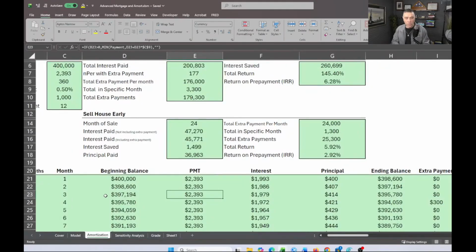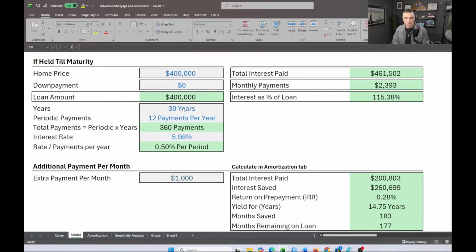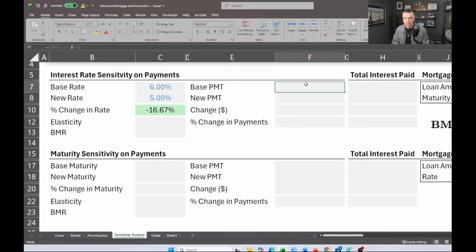Let's make a normal loan. I think we have a normal one, 30 years, 12 payments, and we could just say this was the 6%. We want to know what our payments are, and compare the two interest rates. So we're going to do a negative because we want that as a positive.